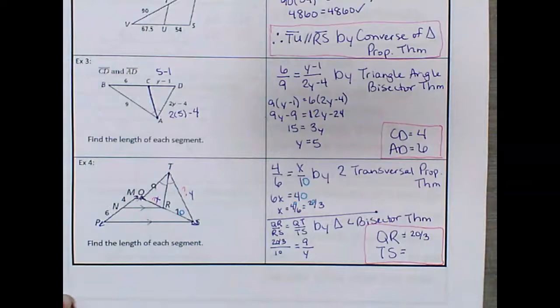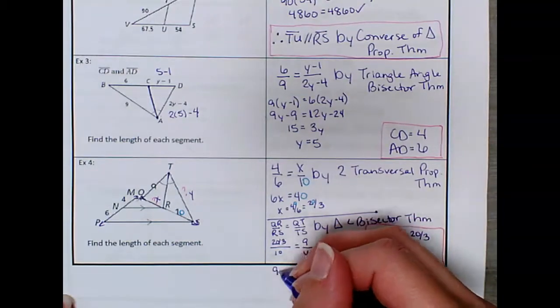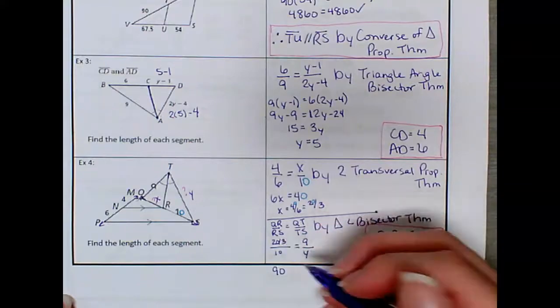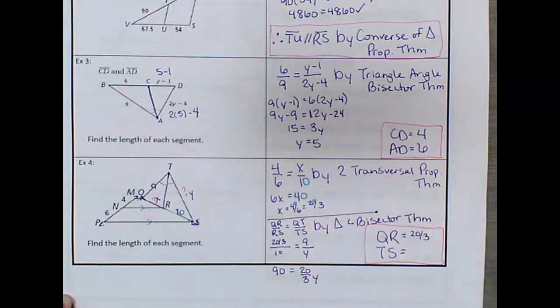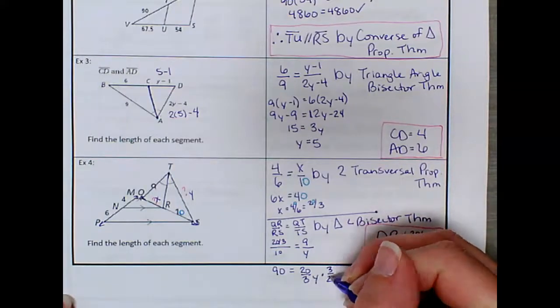So when we cross multiply, we get 9 times 10, which is 90. We get 20 over 3 times Y, which is 20 over 3 Y. And in order to solve for Y, we're going to multiply by the reciprocal.